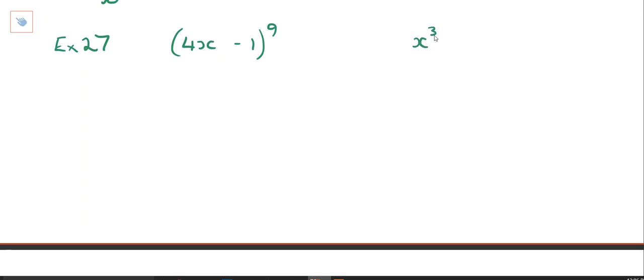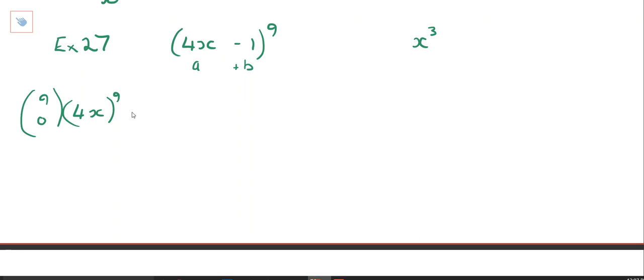Right? Okay. So, as they get harder, you'll have to think about it a bit more, but what you know is when we do the expansion, this is the a and this is the plus b. So the first expansion would be 4x to the power of 9, and it would be 9 over 0.